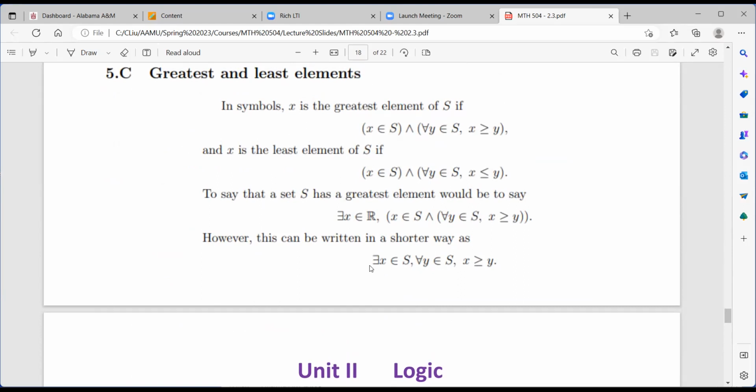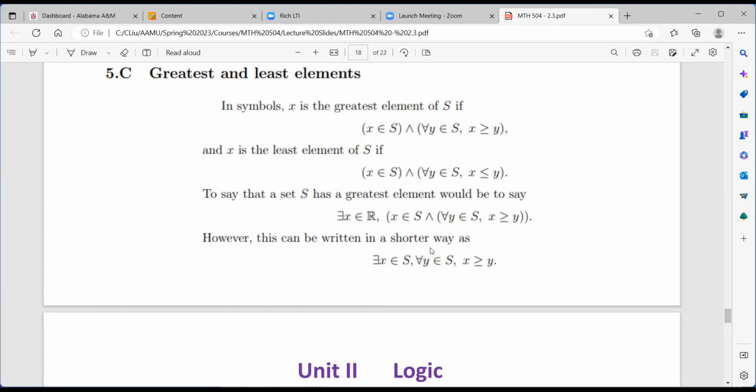So we say for arbitrary x in S, and change the universal quantifier in here to existential. There exists some y in S. And then we need to negate the x greater than or equal to y, so that will be x less than y.